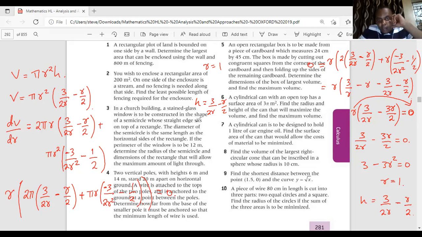If you substitute the value of r with 1, I think you get 3 over 2 minus 1 over 2, which is 2 over 2, gives you a 1 again. So the answer for question 6 is the radius and height that are going to maximize the volume, they are going to be 1 meter for the radius and 1 meter for the height.